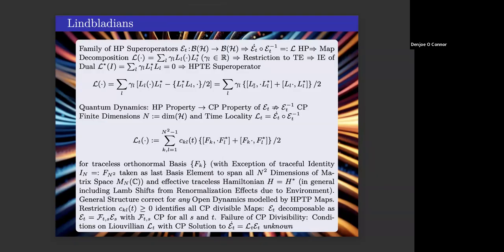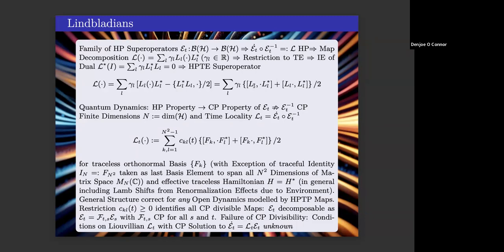And I will not go into all the details here, but you can find out that if you have any family of hermiticity preserving superoperators, so this is always what you want, of course, in physics, self-adjoint operators, which give you the observables, they should stay self-adjoint, so the dynamics should not destroy hermiticity. So the least you would want is hermiticity preservation between those algebras of bounded operators.